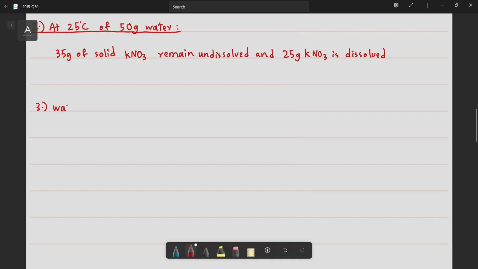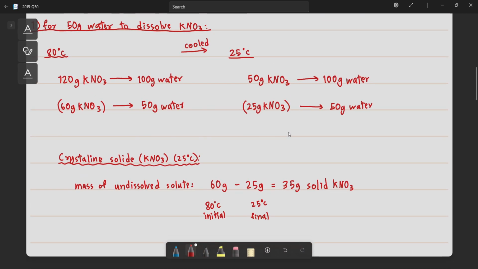So now moving to the third step, which is the water needed to dissolve 60 gram of potassium nitrate at 25 degrees Celsius. Okay, so as I've mentioned before, 60 gram of potassium nitrate is the total amount of potassium nitrate that was initially dissolved.